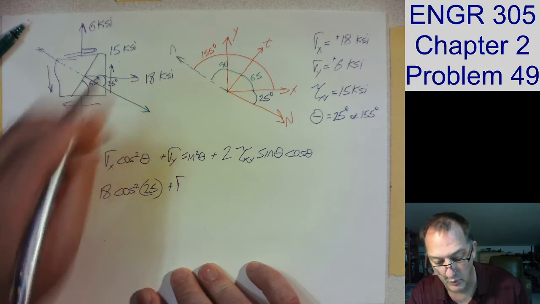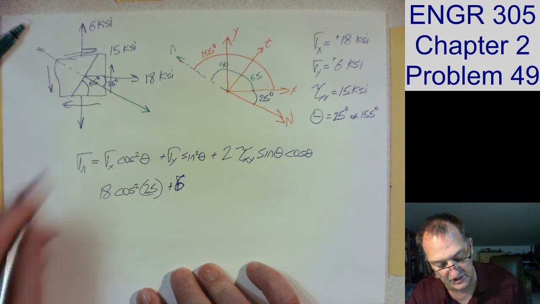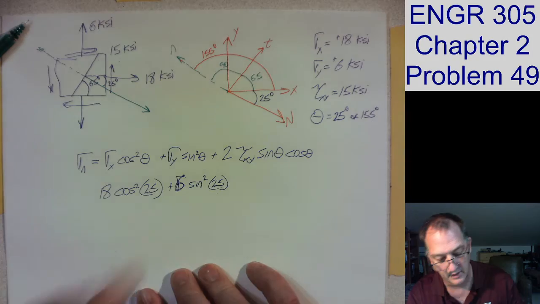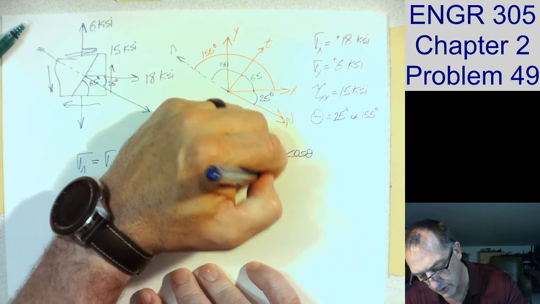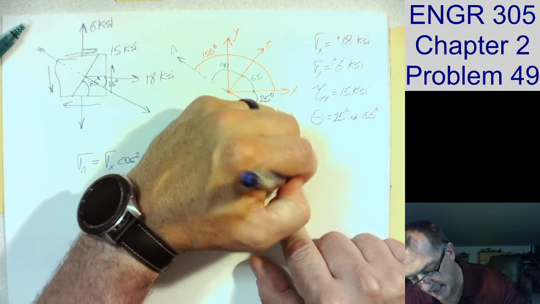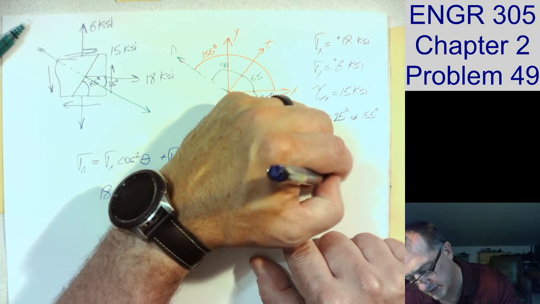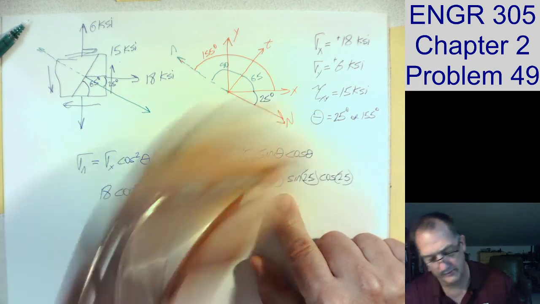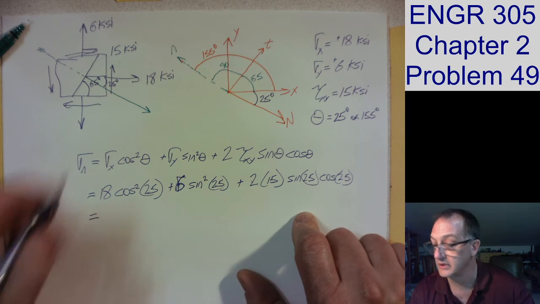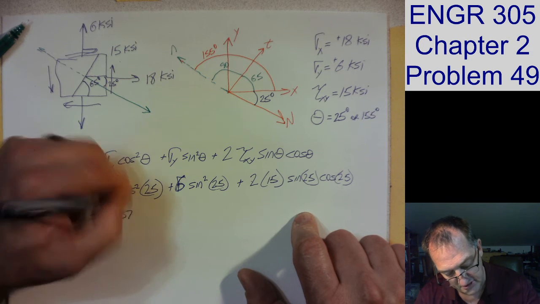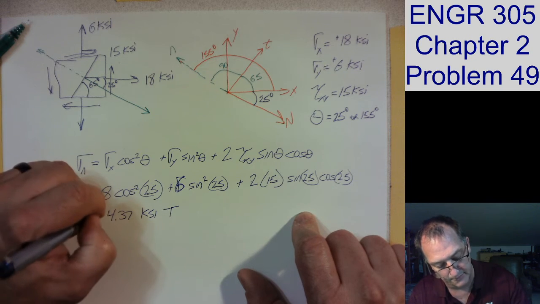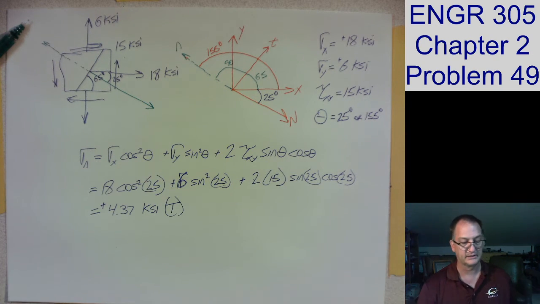Plus sigma y, it's 6 sine squared of 25, plus 2 times 15, 15 is the shear stress, times sine 25 cosine 25. That's going to be equal to 4.37 KSI in tension. So that's positive, and I'll just put that in brackets.